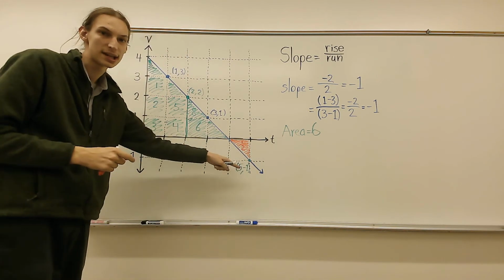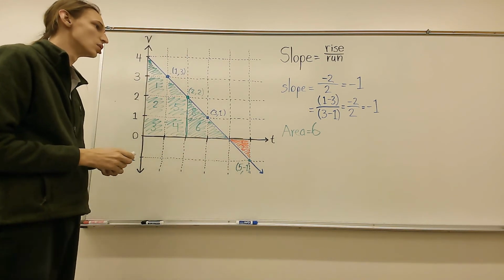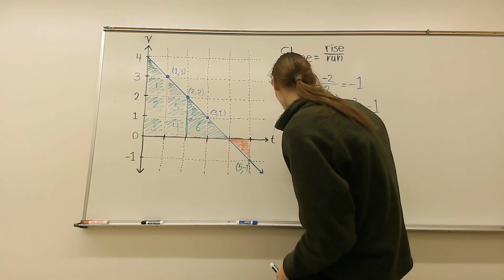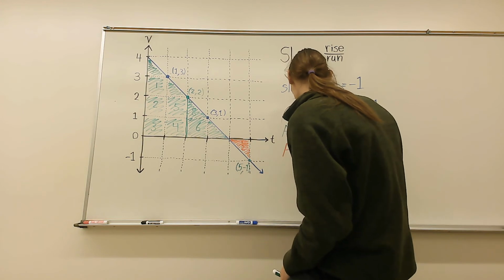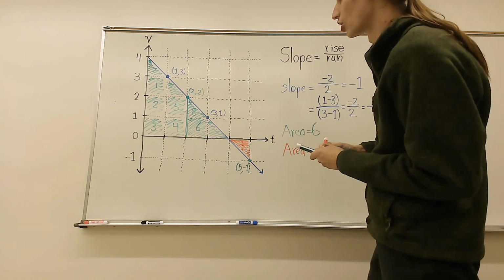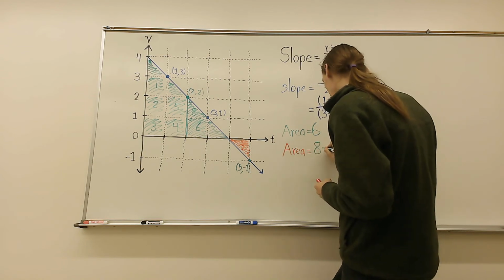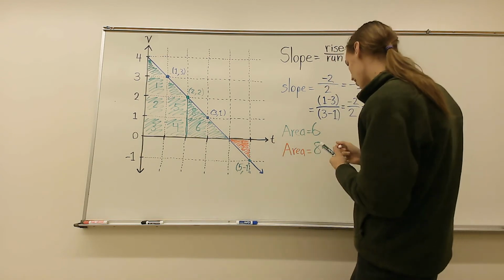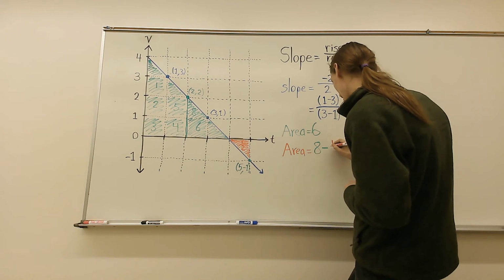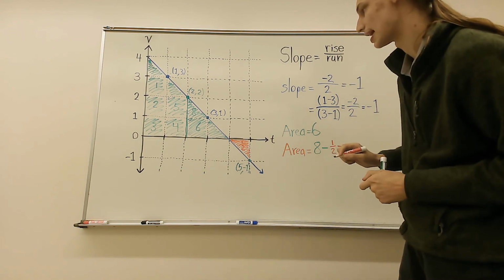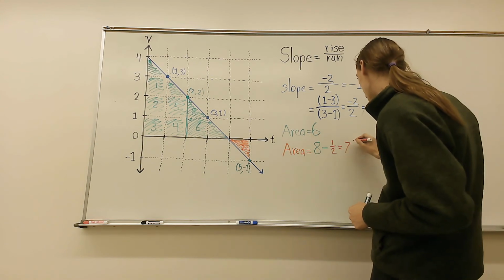So because this area is below the x-axis, we have to subtract it. So our second area calculation is going to be our green area, which is 8, minus our red area, which is 1/2. So our total area in this case is going to be 7.5.